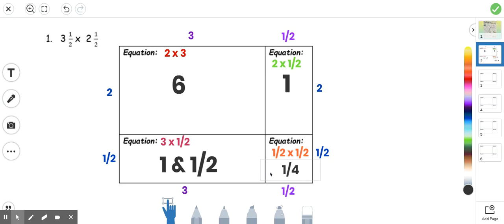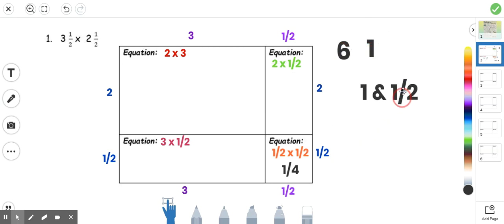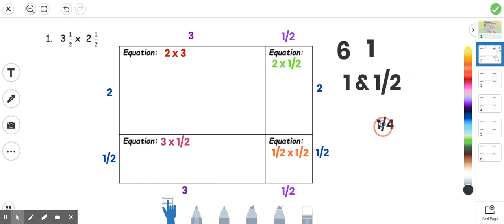So the second step is, well, we know with arrays, once I have all of these numbers, what do I got to do? I got to add them together. So I need to add 6 plus 1 plus 1 and 1/2 plus 1/4.